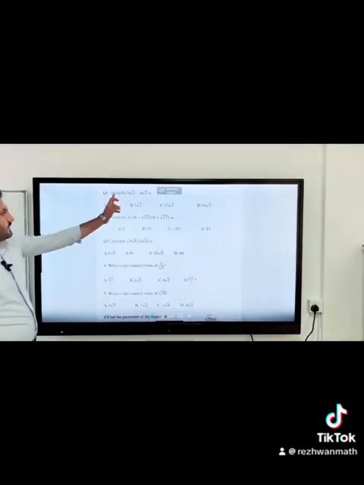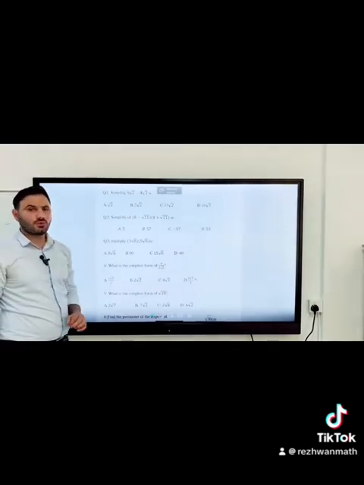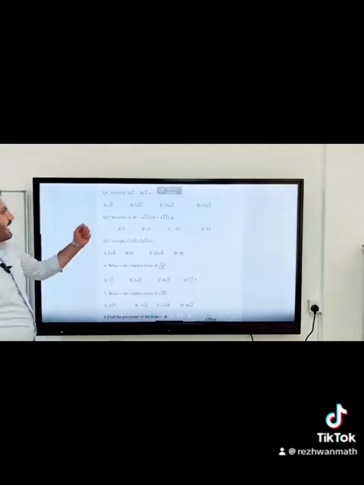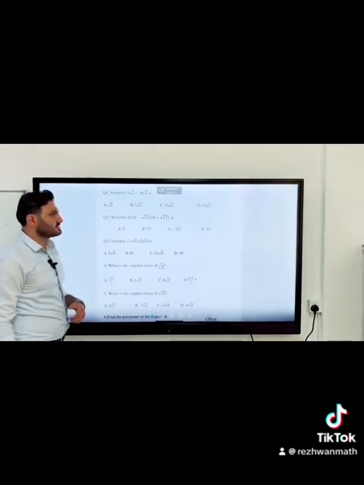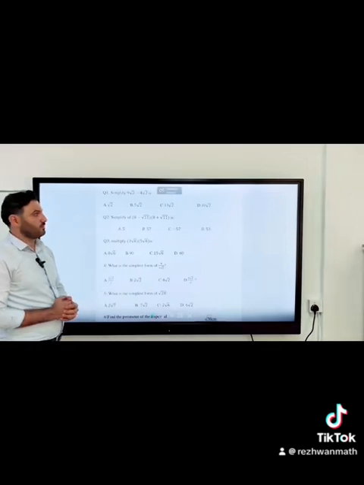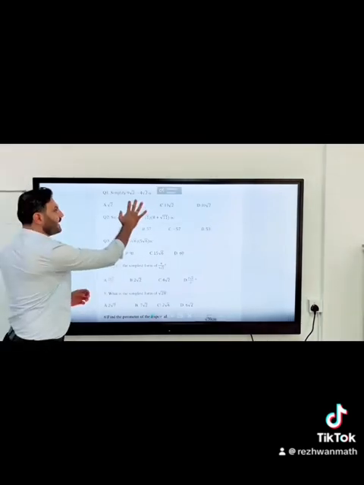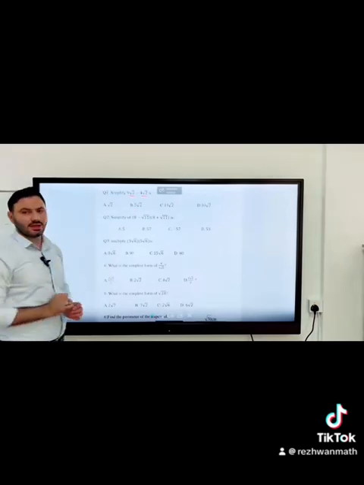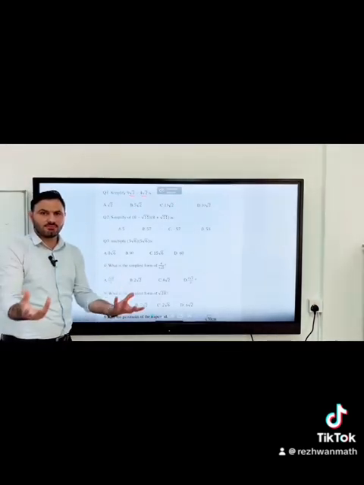Question 1. Simplify 9 square root 2 minus 4 square root 2. A, square root 2; B, 5 square root 2; C, 13 square root 2; and D, 10 square root 2. If you look at the question, we have the same radical, square root 2, because inside the square root is the same number.